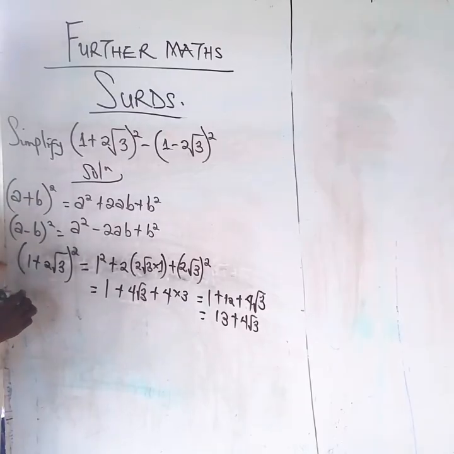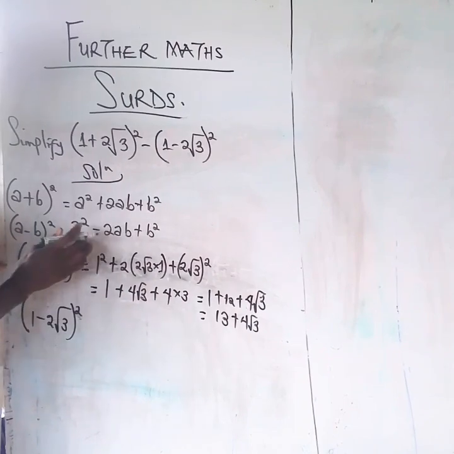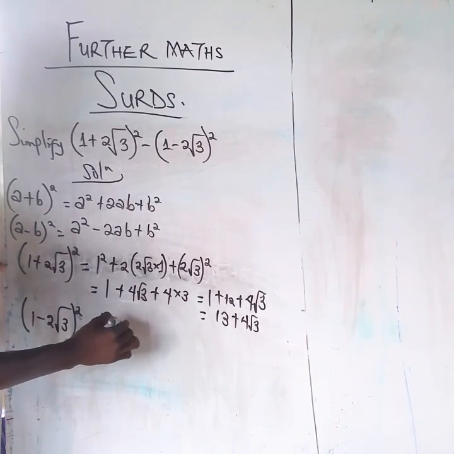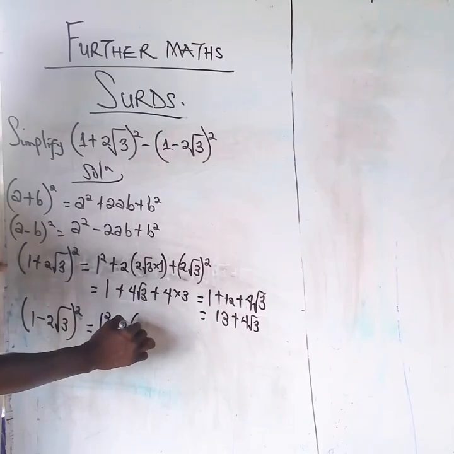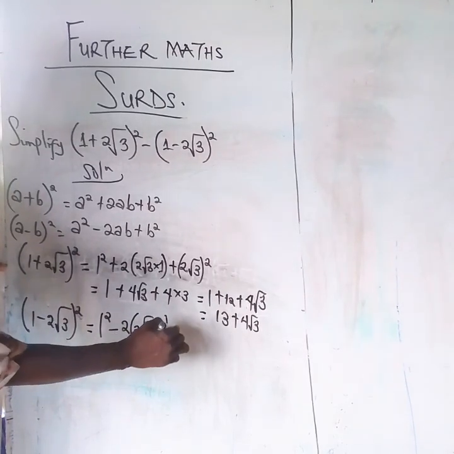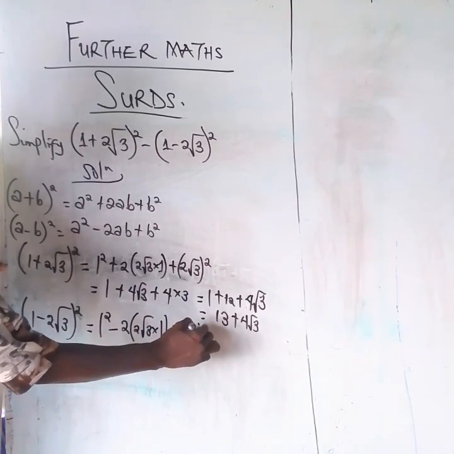So you doing for the second one, you have 1 minus 2 root 3 all squared. Following this, you have 1 square minus 2 all into 2 root 3 times 1 plus 2 root 3 all squared.